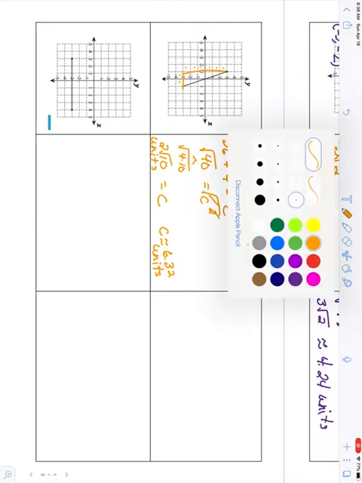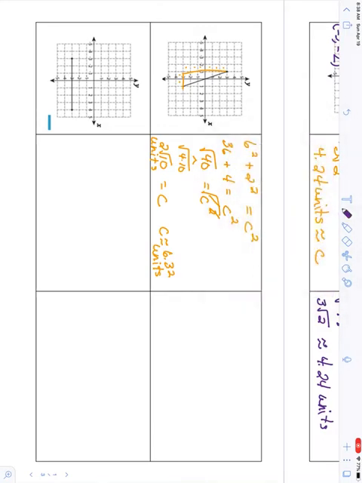Okay, let's do the distance formula. So I have to have my ordered pairs. So I go over -1 up 3. And then I go over 1 down -3. Oops. Okay, I stack those on top of each other. Okay, got my x's first.